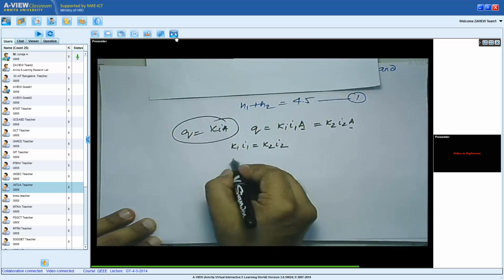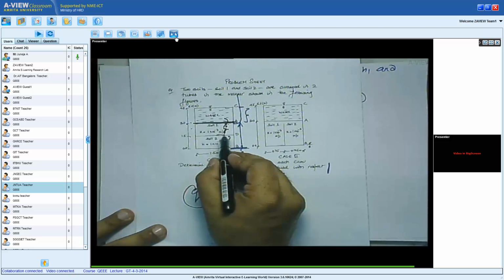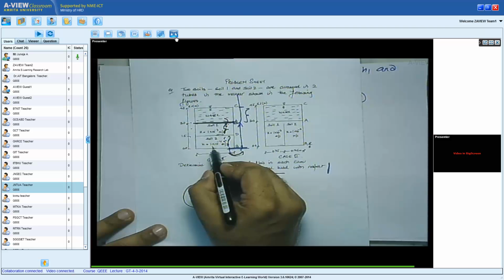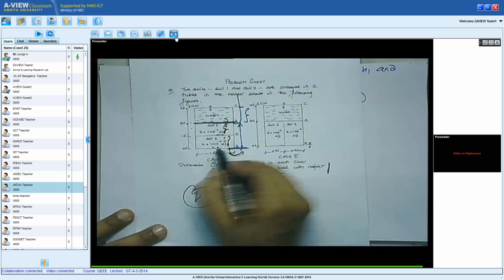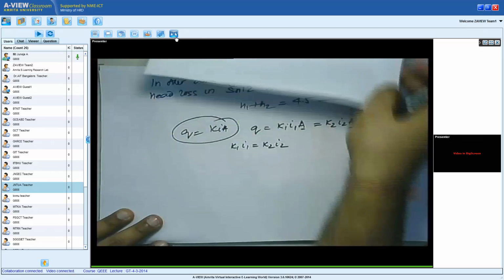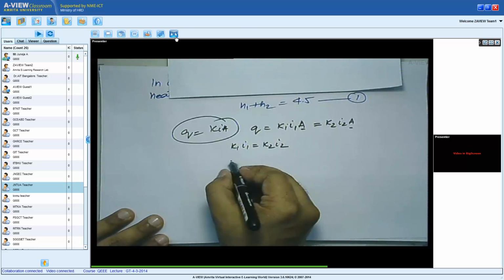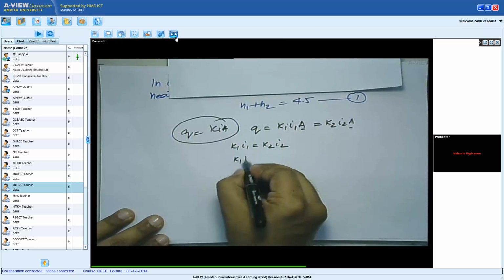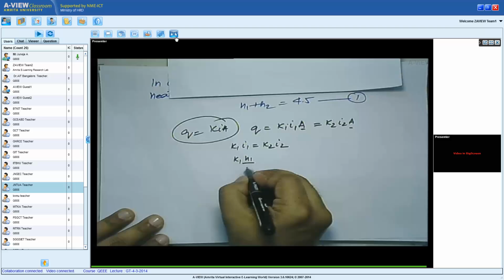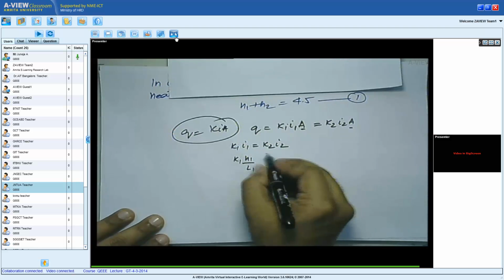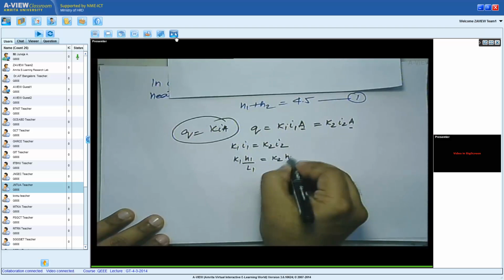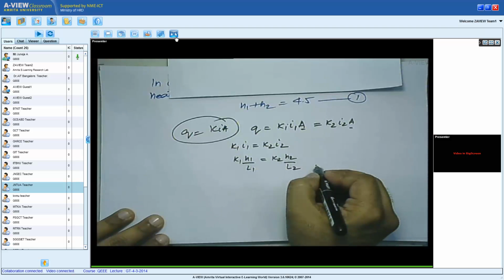I think K1 in this figure is given as 1 into 10 to the power minus 3 meters per second, and K2 is given as 1 into 10 to the power minus 4 meters per second. So K1 I1, let me just open this up first. I have K1, I1 is H1, the head loss in 1 over the length of the first sample, equals K2 H2 over L2.